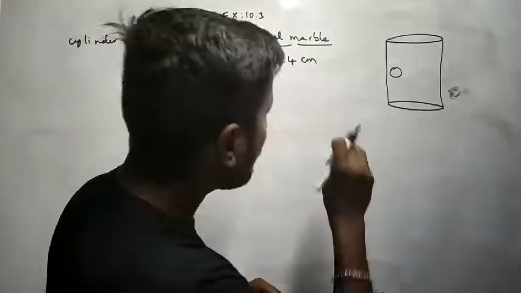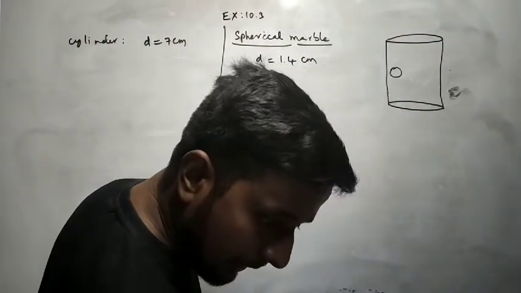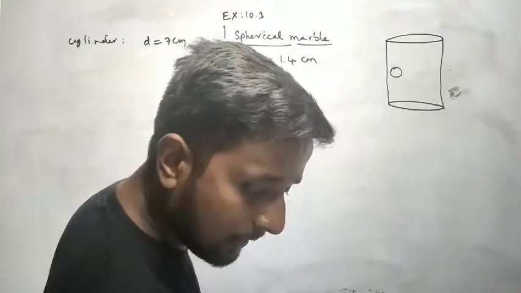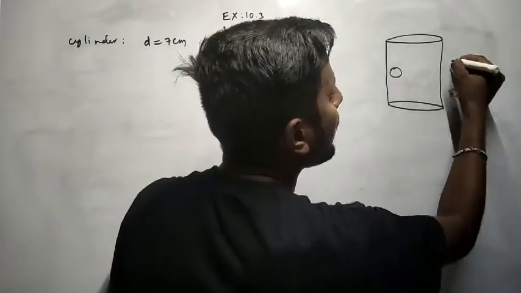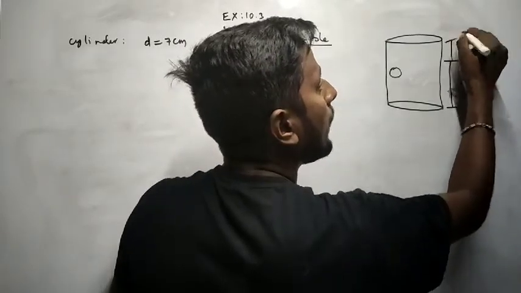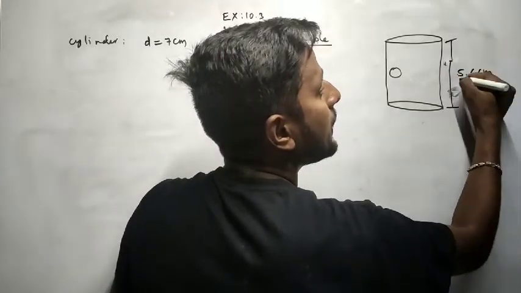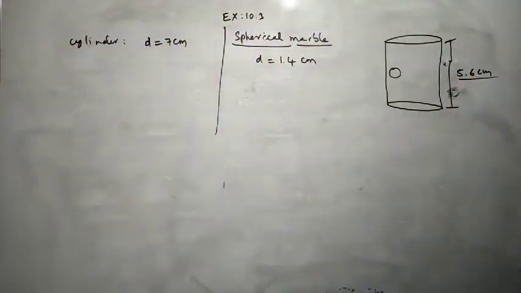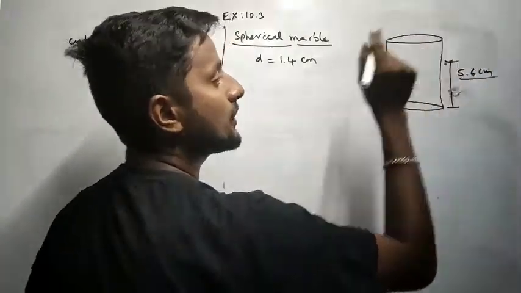Right. So now the spherical marbles are dropped in the beaker, such that the water level has increased to 5.6 centimeter. So just take the height of the water. Okay, 5.6 centimeters, at a certain height. Don't take the full beaker. Just imagine.